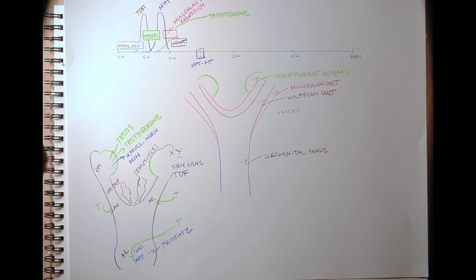Of course, we described conditions in which we have a 5-alpha reductase deficiency in that case study that was presented by Catherine. An interesting look into what happens if you're just missing this particular enzyme, but everything else is relatively functional. You have internal male genitalia, but external female-like genitalia.